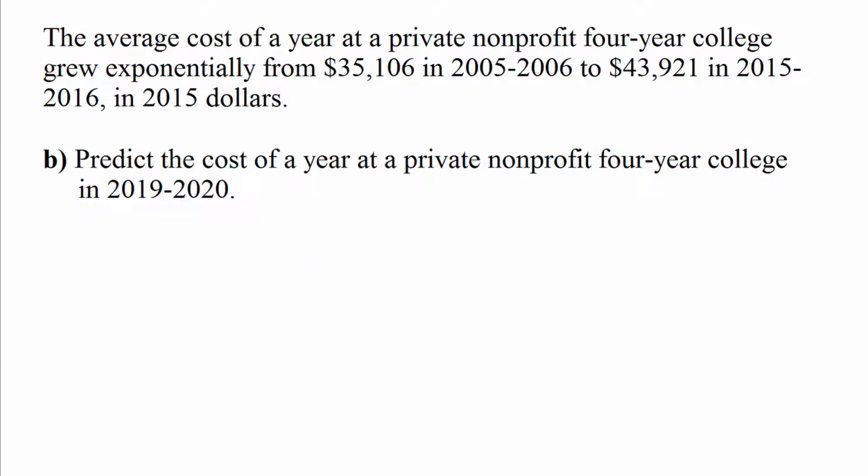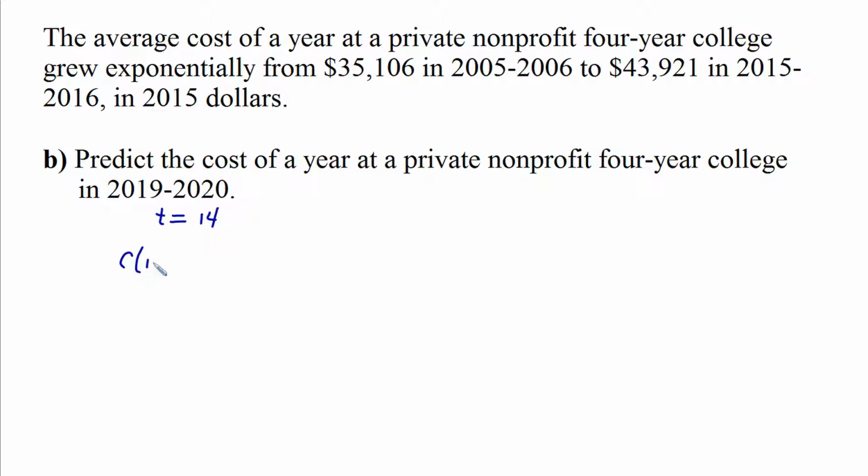Part B. Predict the cost of a year at a private nonprofit four-year college in 2019-2020. So because the years 2019 to 2020 are 14 years after 2005-2006, then we need to let t equal 14.